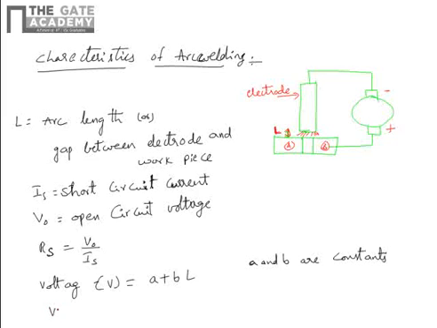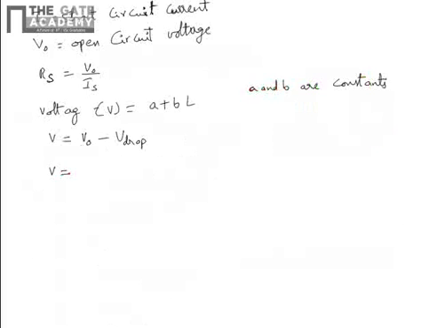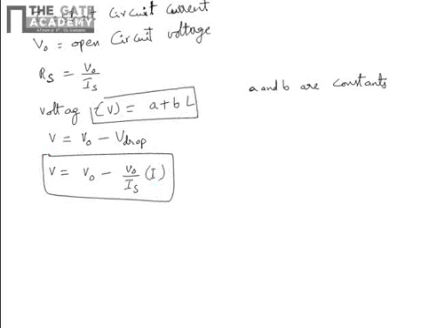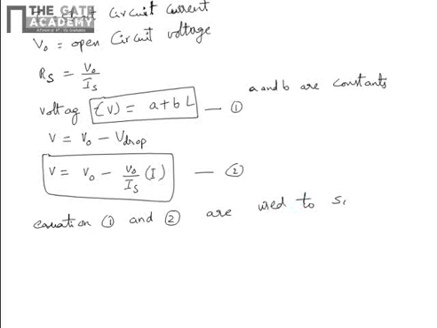If you simplify that, V equals V naught minus the voltage drop, so V equals V naught minus V naught by IS into I. These two equations, equations 1 and 2, are used to solve arc welding problems.